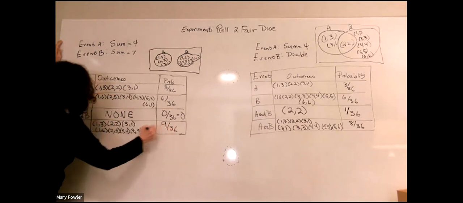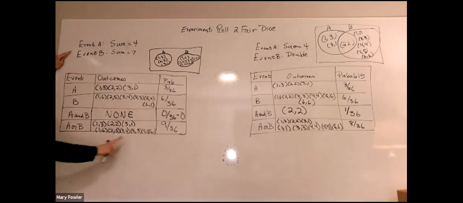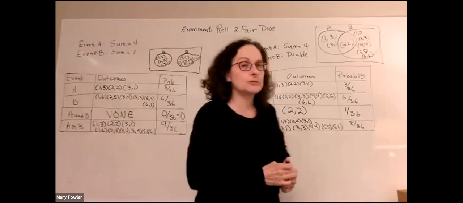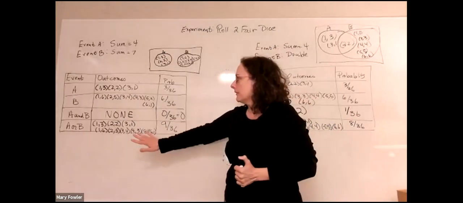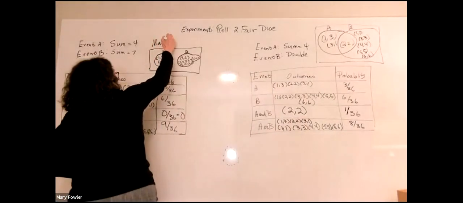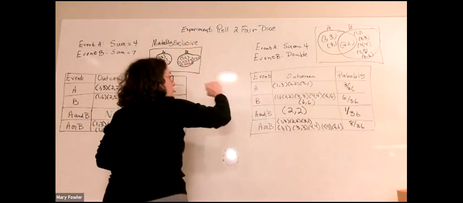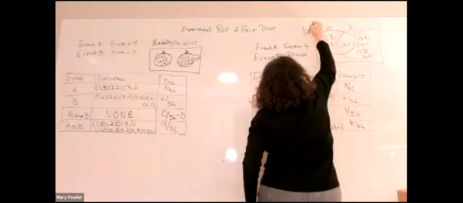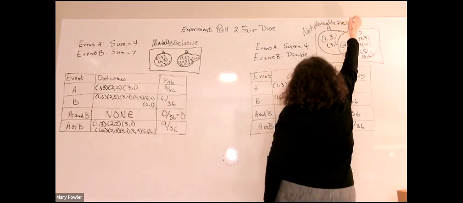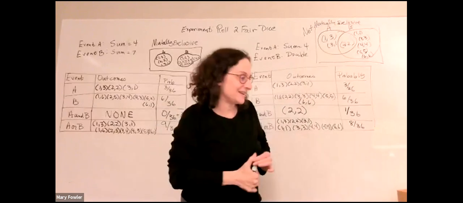The probability of the event, the sum is 4 or the sum is 7, is 9 over 36. Just one more comment. Let's label this as mutually exclusive. These 2 events are mutually exclusive or disjoint, and over here, they are not mutually exclusive. I'm going to keep the board where it is. We're going to use it again in a little bit.